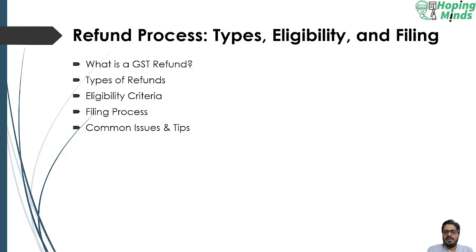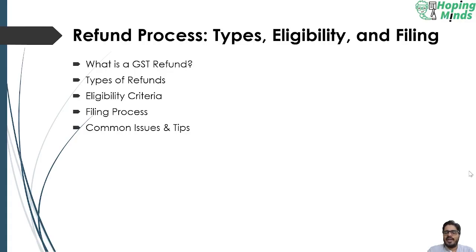Before we proceed with this final session, let us quickly see what we did in our previous session. In our previous session, we learned about the amendments and rectification in GSTR 1 and GSTR 3B return. We studied the various types of amendments that can be made in the GSTR 1 return, like B2B invoices amendments, debit notes, credit note amendments, export invoices amendments and related exempt or non-GST supplies amendments.